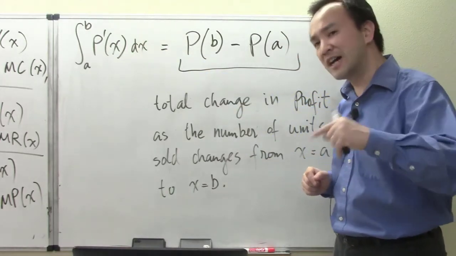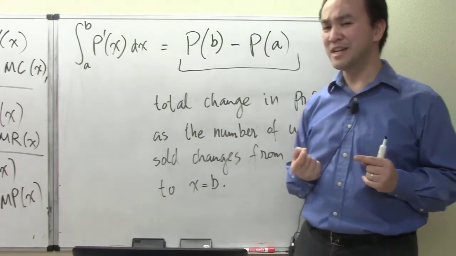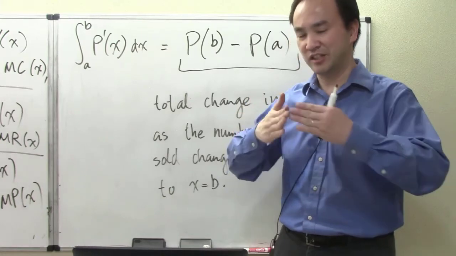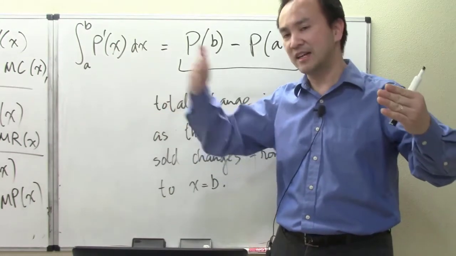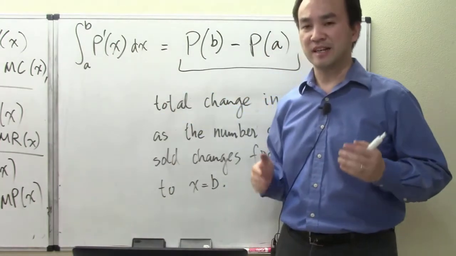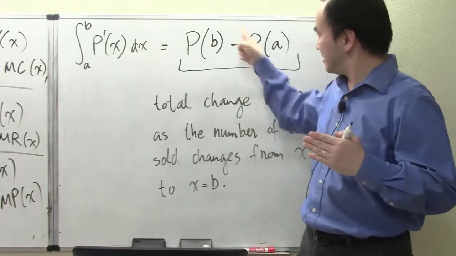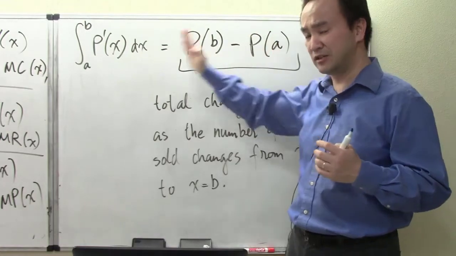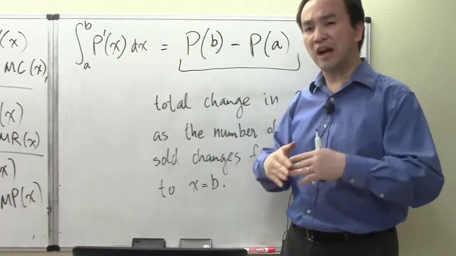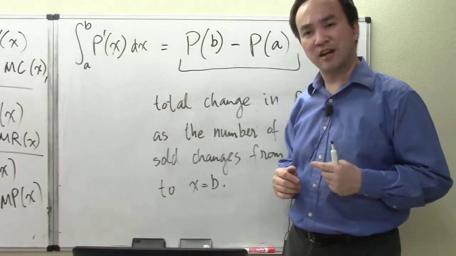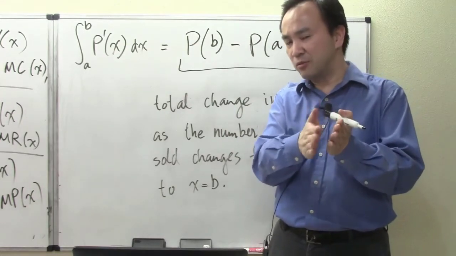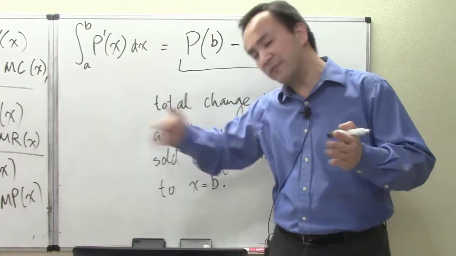And so for us as the employer, once we have those marginals, all we do is take a definite integral, and that immediately arrives for us as a final value for us to understand how much change in total revenue or how much change in total cost our company has spent when we make a change in production level from a number to a different number.